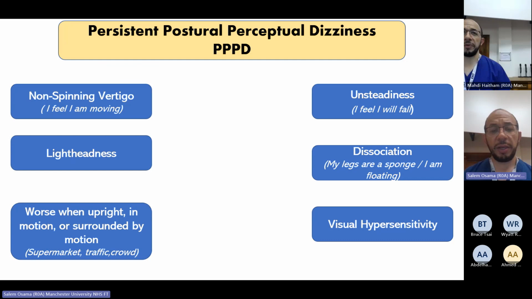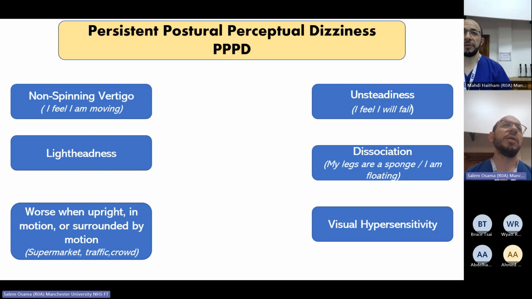The last thing I would like to talk about is the triple PD, and the symptoms. When you think about triple PD, the patients talk to you about feeling dizzy for a long time, some of them say a couple of months, and its characteristic is just dizziness.